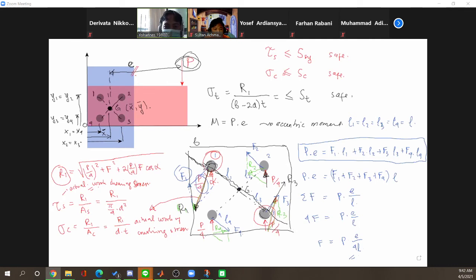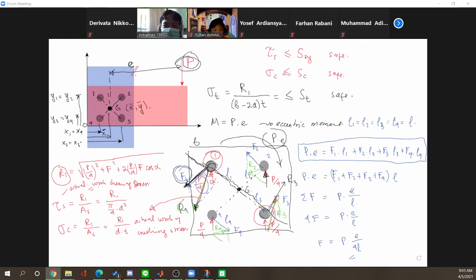And the direction of this force is opposed to the direction of the turning moment. The turning moment should be in this direction. Okay? But this force opposes this moment. It turns in the counterclockwise direction.